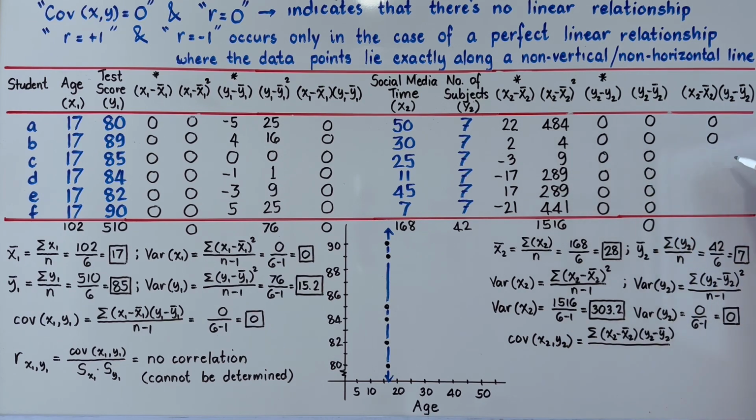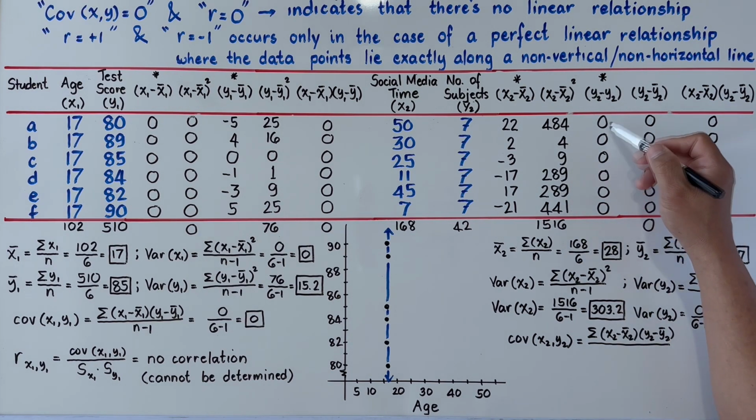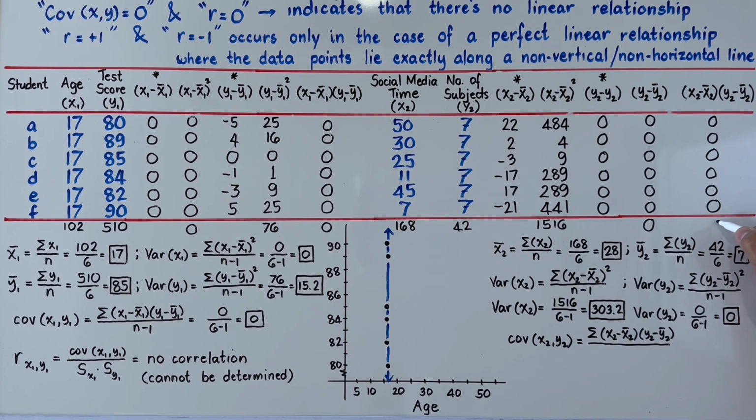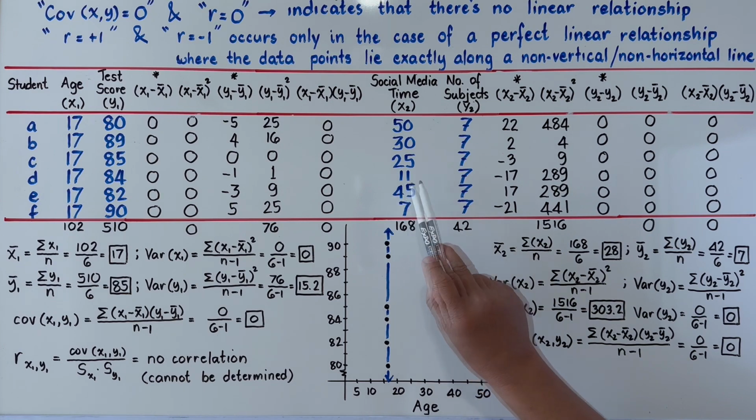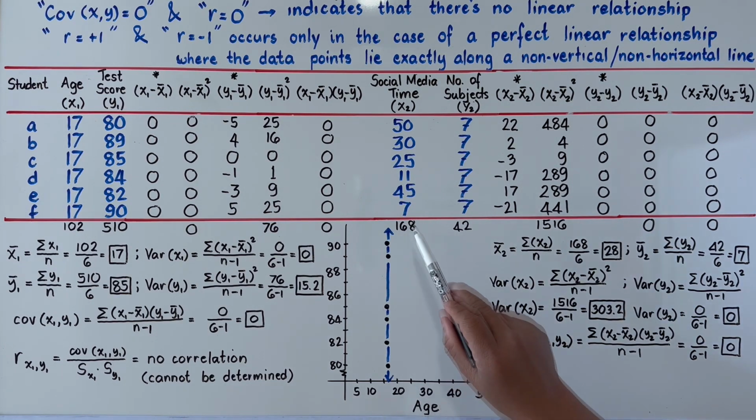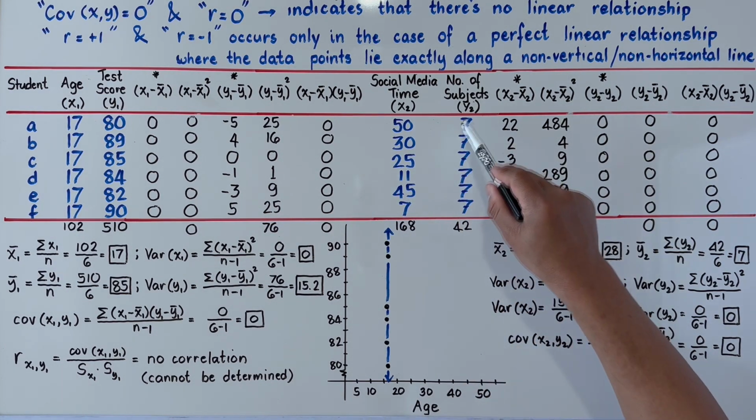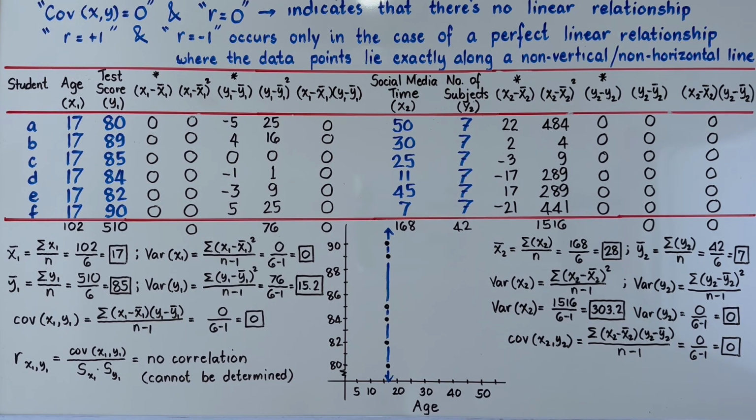Also this one. So all are zeros here, because one of the factors is 0. So the sum is 0, and this will be divided by n minus 1. So this is 0 over 6 minus 1, and the covariance is 0. And this indicates that the two variables don't have any relationship, because as x sub 2 varies, y sub 2 is not varying because it's constant.